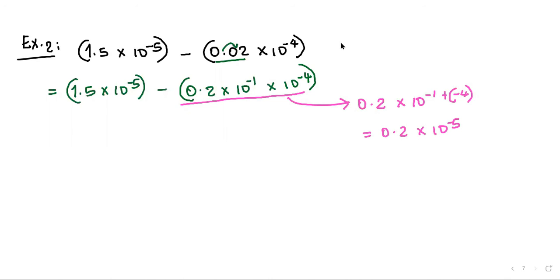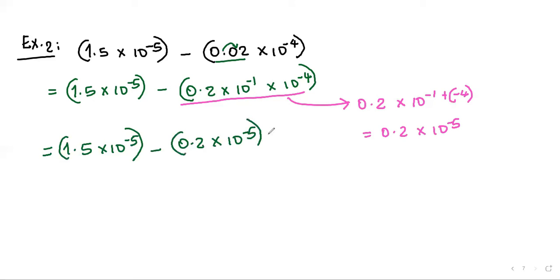So now it means that we will write 1.5 times 10 to the power of negative 5 minus 0.2 times 10 to the power of negative 5. Okay?